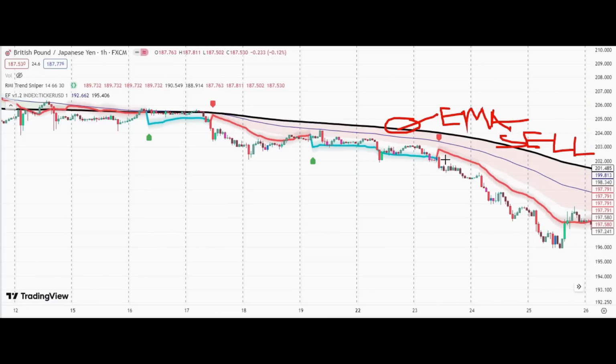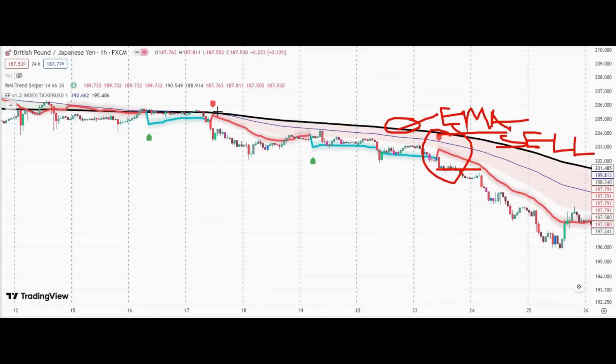So the next thing you look for is a sell opportunity from this RMI Trend Sniper. Once you have a sell opportunity from here, you open your sell and you place your stop at the edge of the signal and you ride with the trend.